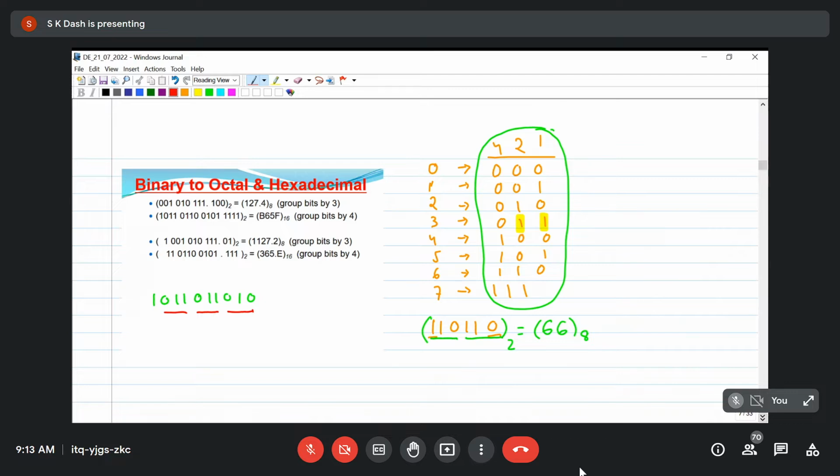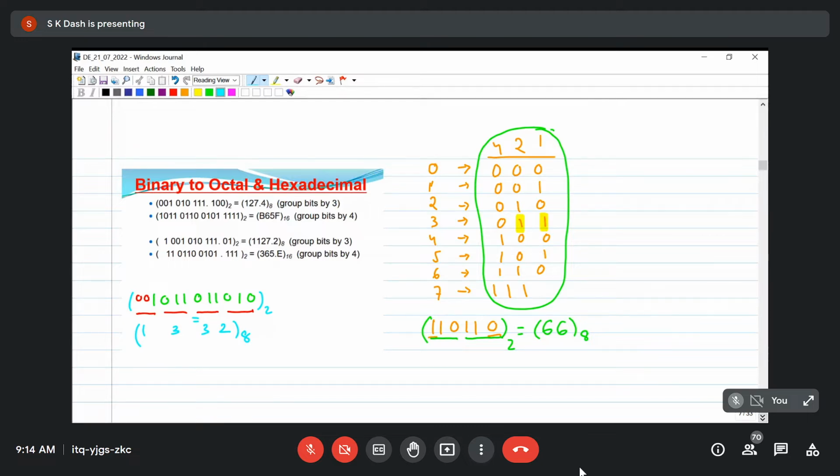So we can add 2 zeros before it so that it forms a group of 3. Now we check the table. What is 001? 1. 011? 3. Again 011? 3. 010? 2. So this binary number is the same as 1332 in octal.